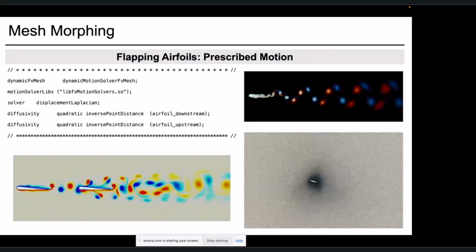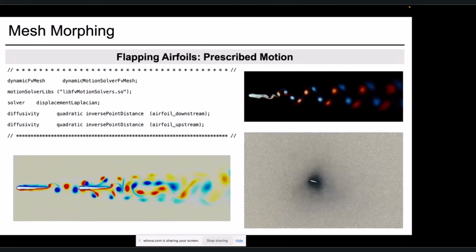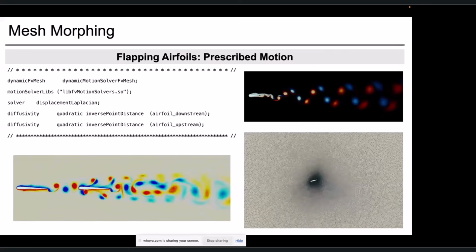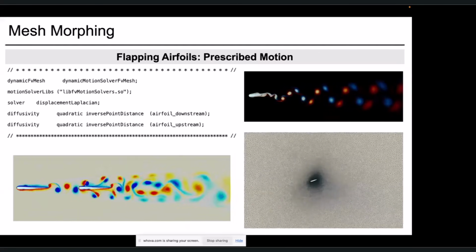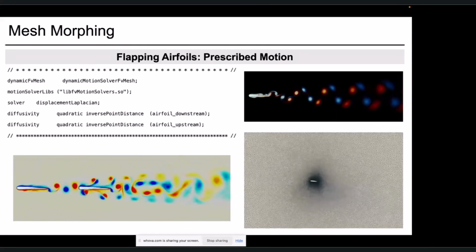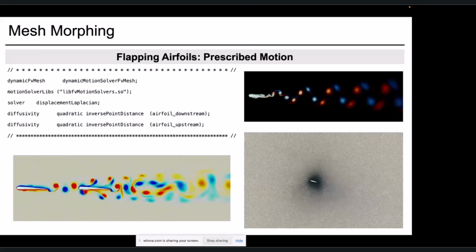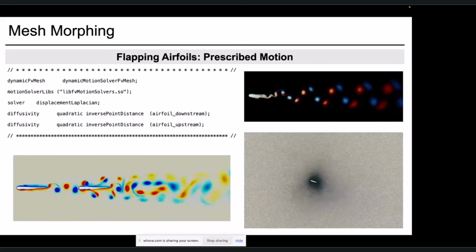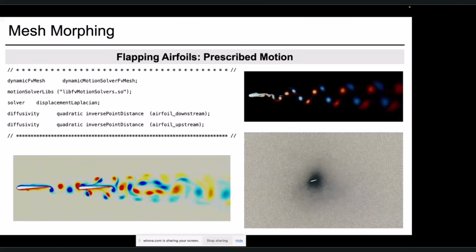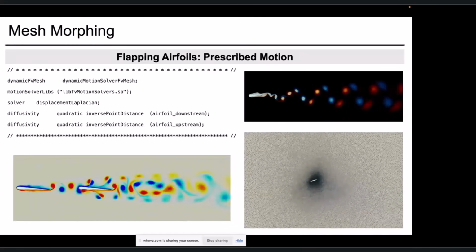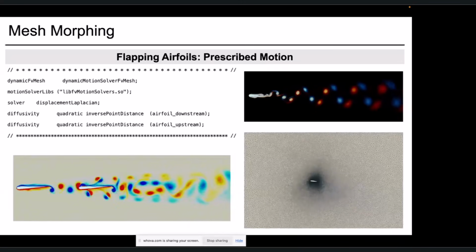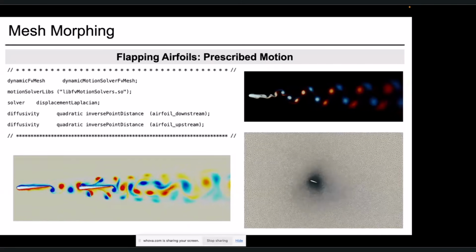I have two airfoils in this instead of two cylinders, and you can see that within the limit of the parameter space, particularly for the low amplitude motion, we can still use mesh morphing and generate the flow patterns behind these tandem bodies. And you can see a visualization on the right hand side of how the mesh would morph with this motion. All right, so we can use it, but the bottom line is that we have to know the limit of the parameter space that we want to simulate.